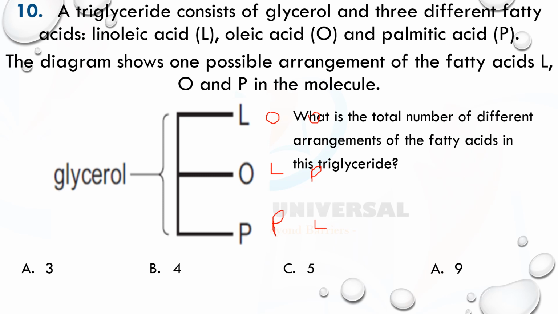For example, if you put POL, it is the same thing as LOP, whether the P is down or up. So if you flip it, it's only 3 arrangements. This is 1, 2, 3. So the answer is A.